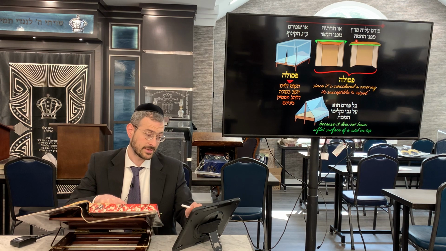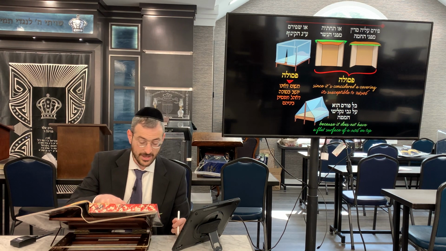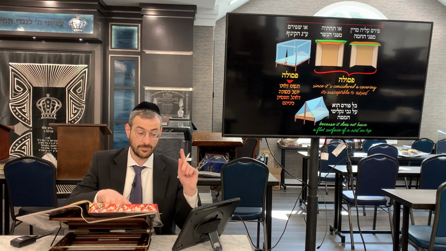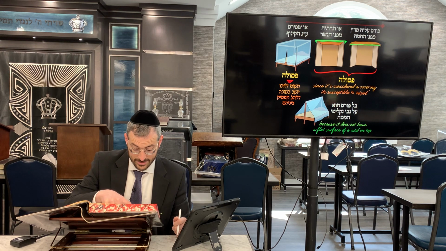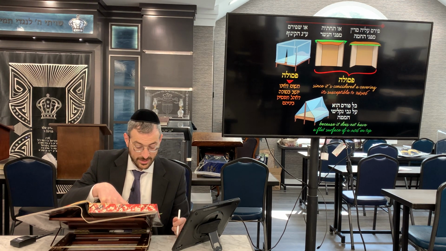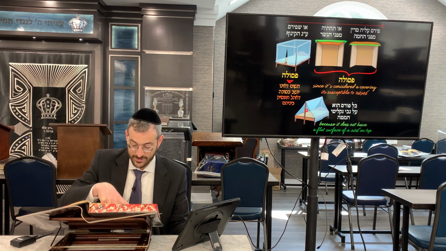And here it has the schach that's covering. But what you could do is you could spread the sheet on the naklitei hamitah, which is different.